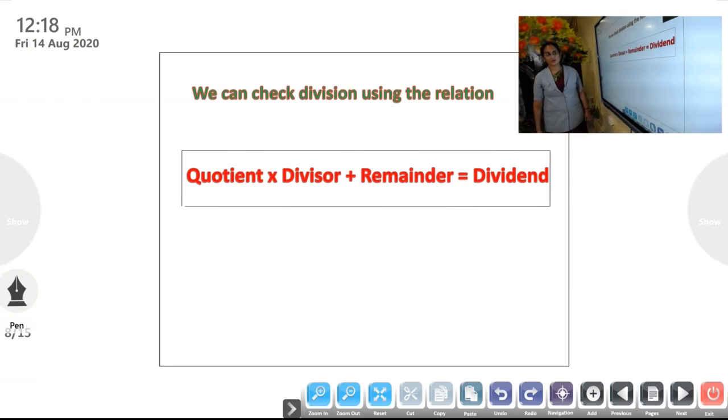Quotient into divisor plus remainder will be equal to the dividend. This relation you can use to check the answer to division. We will need this when we do problems on division, so you must remember this.